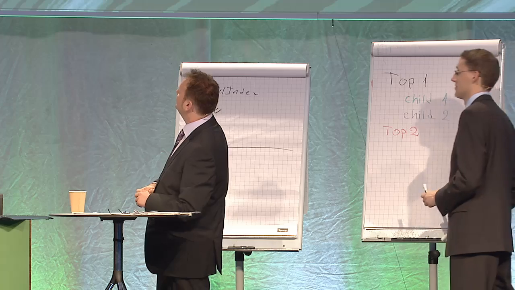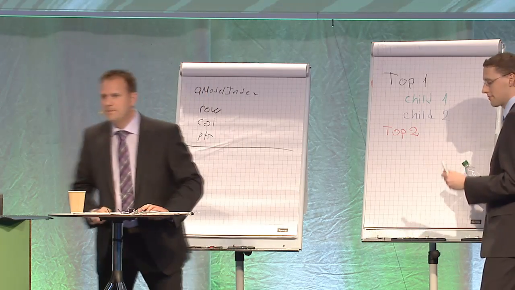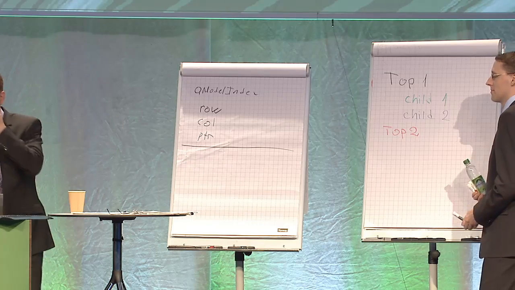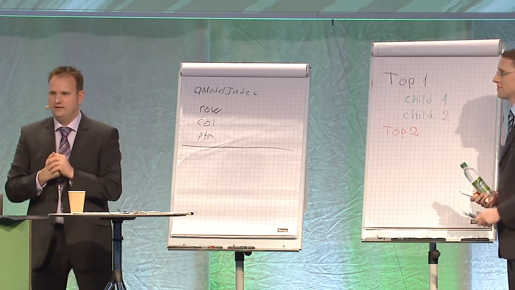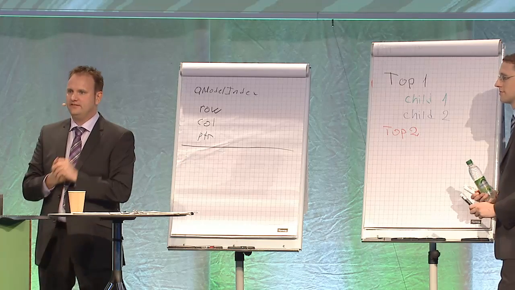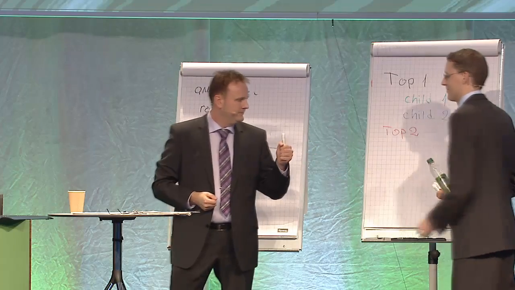So I'm asking for an index, row, column, and a parent index. I just gave him that thing, and I said, can you give me a model index for that thing? A model index representing that cell that I'm talking about. And he gave me a model index back.